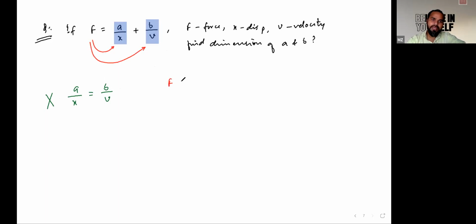So equate F to A over X and again F to B over V. Now see this particular equation. We have dimension formula for force. We have dimension formula for X, which is displacement. Try to solve for A. Similarly, from this equation, try to solve for B. Okay? Okay, sir.